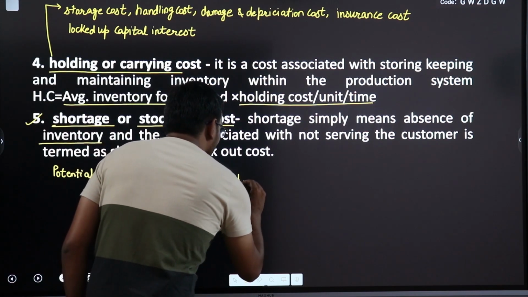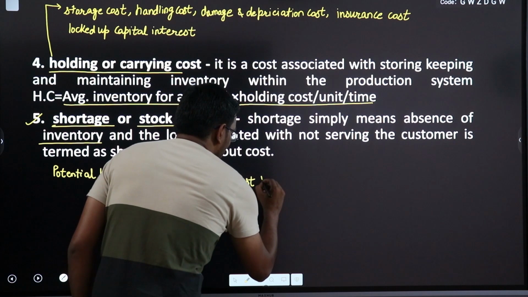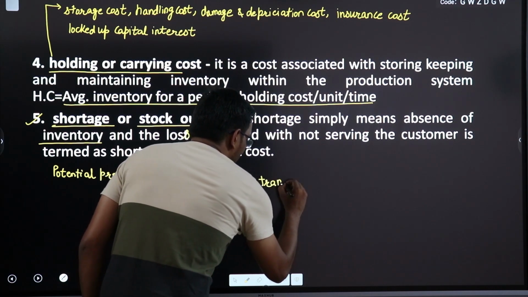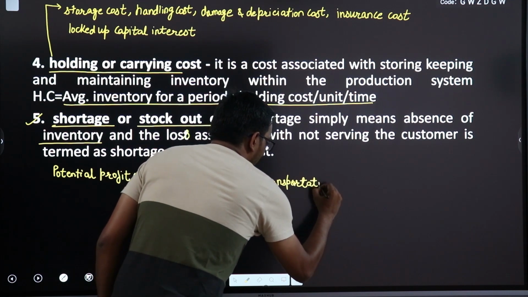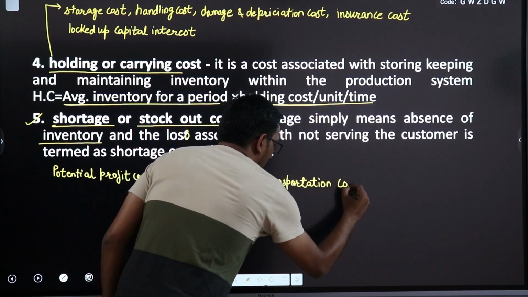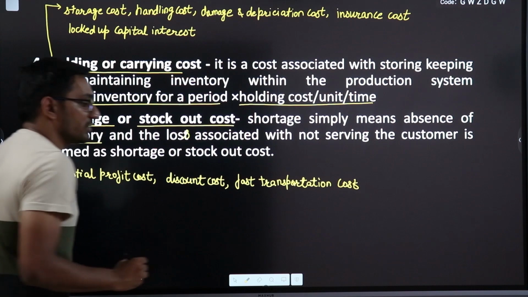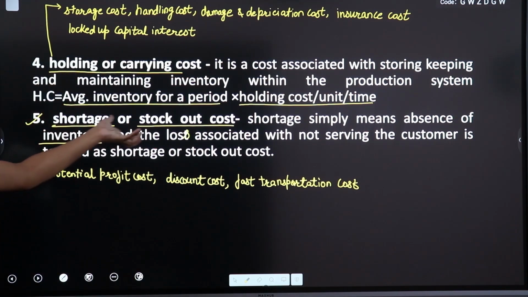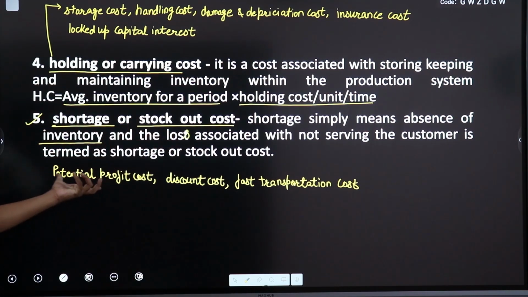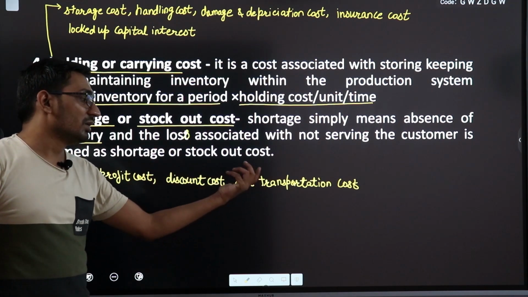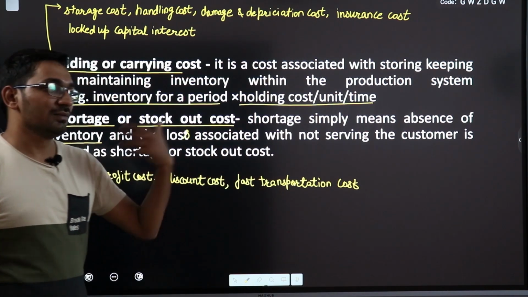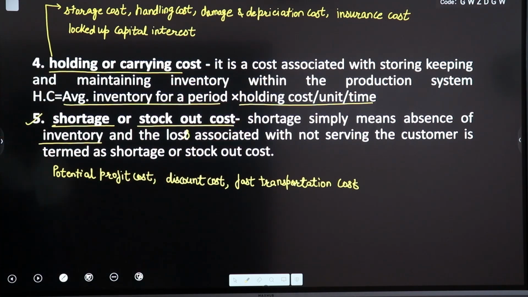So in that case, the fast transportation cost will come into picture. So these are the various costs associated with the shortage or stock out cost. You are not earning that profit, so that will be a loss for you. You have to give some discount, or the fast transporting from one industry to your industry comes in the shortage cost.